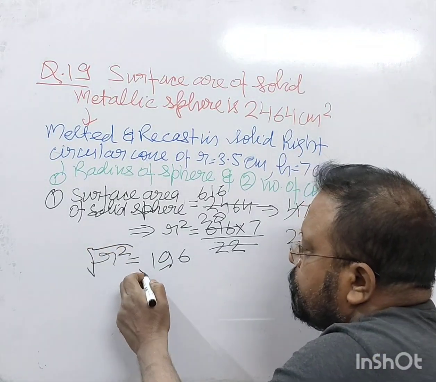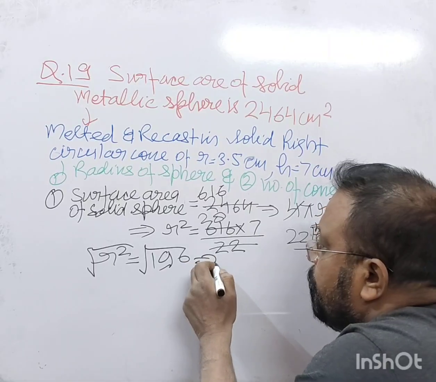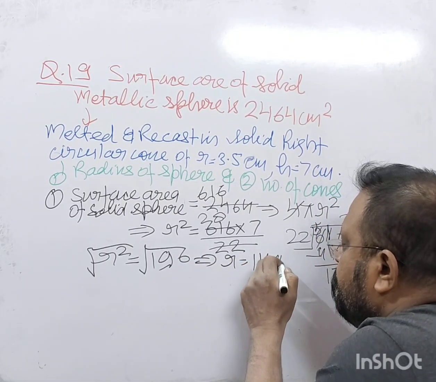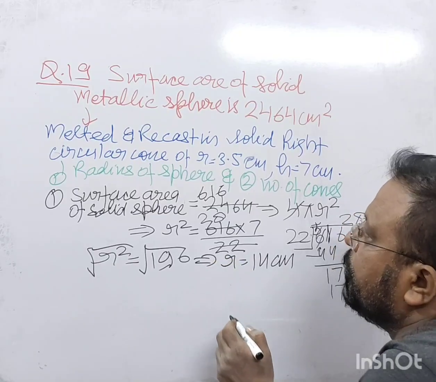Taking root on both sides, r is equal to 14 centimeter. Right?